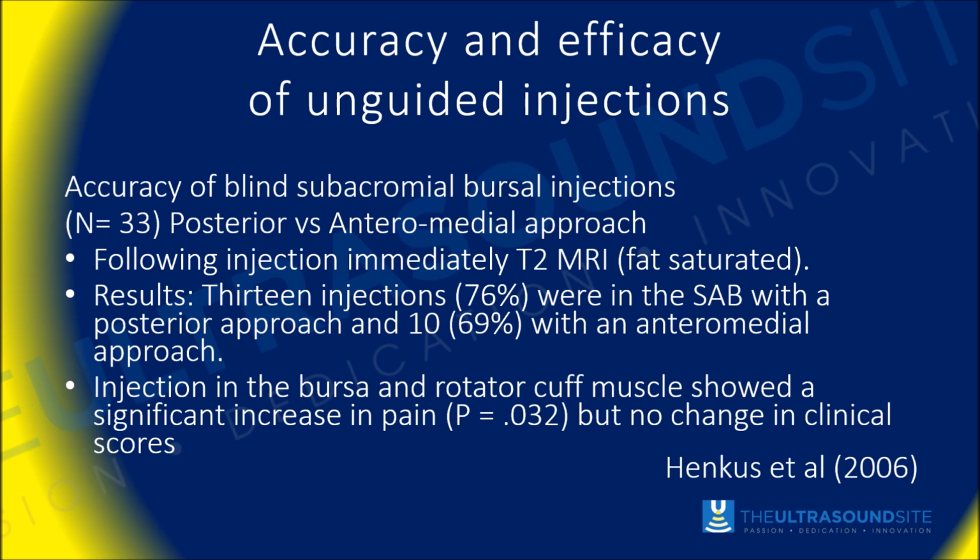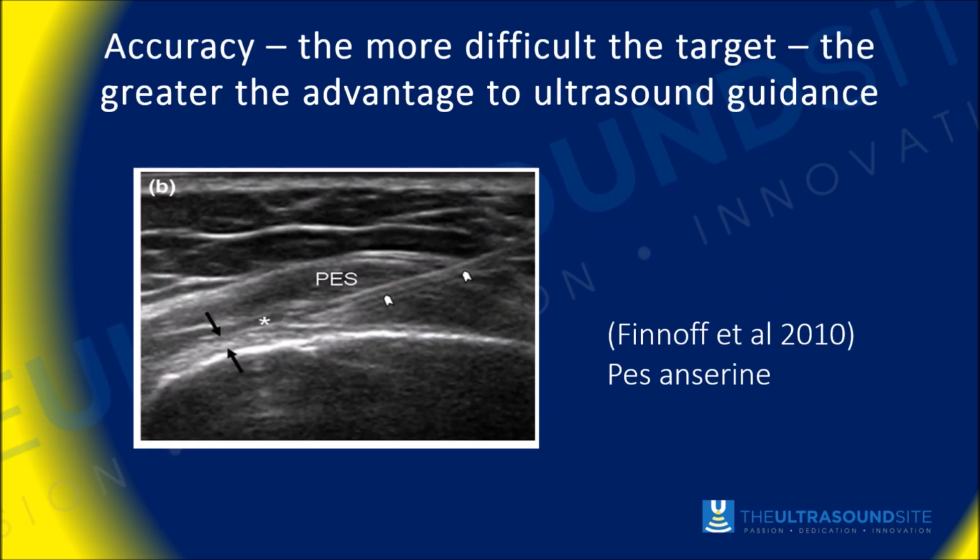Indeed, one of the take-home messages here would be that the more difficult, the more challenging the structure is to inject, the bigger the differential tends to be between ultrasound guided versus surface marked injections. In other words, ultrasound guidance really comes into its own when we're injecting towards some of these more intricate structures, or where the target is smaller. So an example here was the pes anserine bursa.